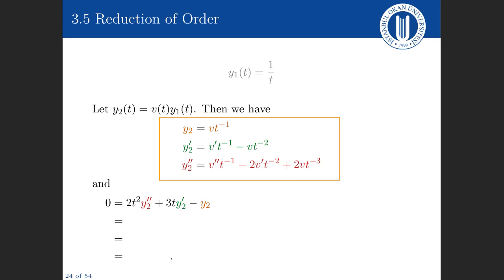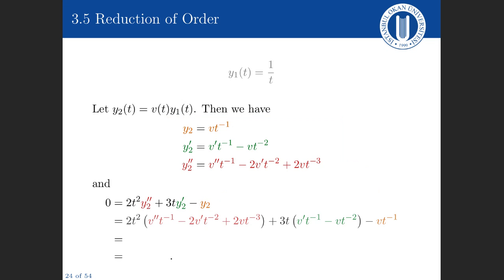Differentiate 2 times, and then we substitute this into the differential equation that we want to be true. We want y2 to satisfy this differential equation, so we want 2t squared y2 double prime plus 3t y2 prime minus y2 to be equal to 0. Here we go, substitute these in, rearrange.